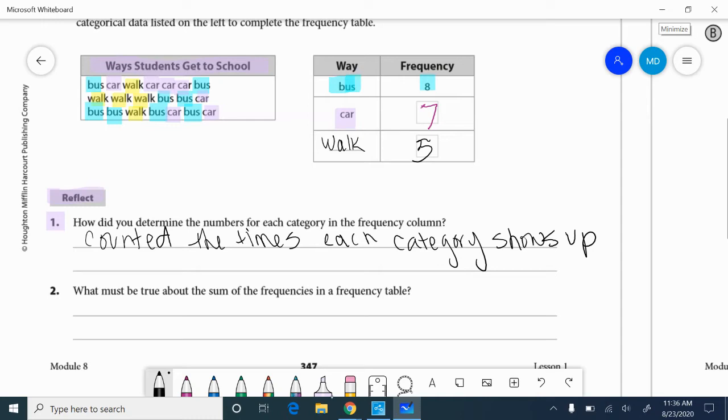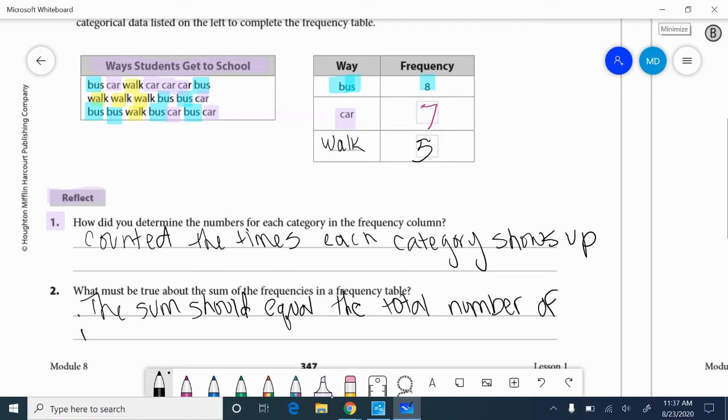Okay, so the sum should equal the total number of items in the data set.